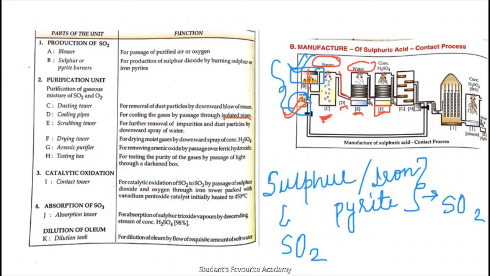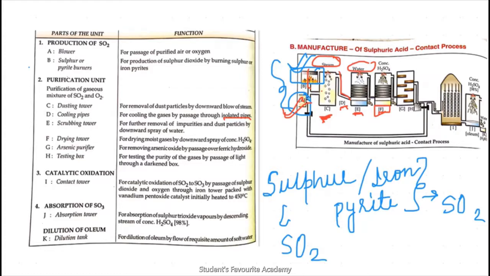If I want to dry out that moisture, as the name suggests, that is called a drying tower, wherein I'll be drying the moist gases. And how are you going to do that? By using concentrated sulfuric acid, and the reactions will be given in the further section. If you just want to absorb the moisture, you will be using concentrated sulfuric acid.